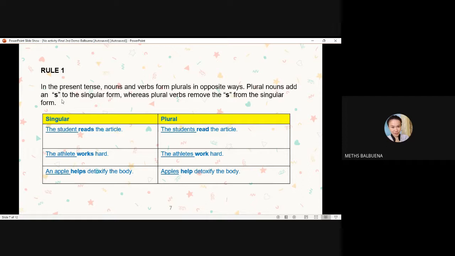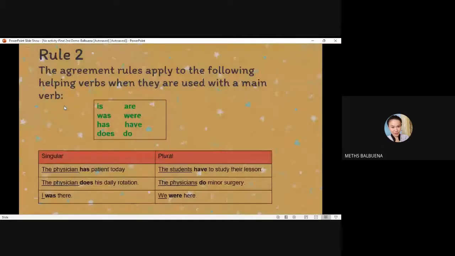So remember that in rule number one, in the present tense, nouns and verbs form plurals in opposite ways. Plural nouns add an S to the singular form, whereas plural verbs remove the S from the singular form.